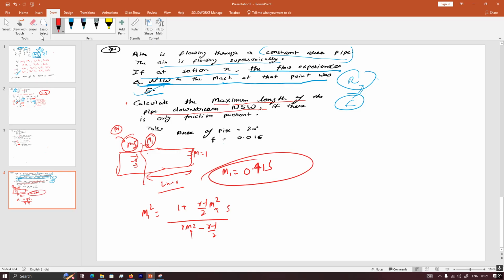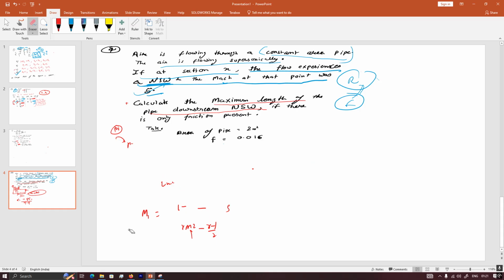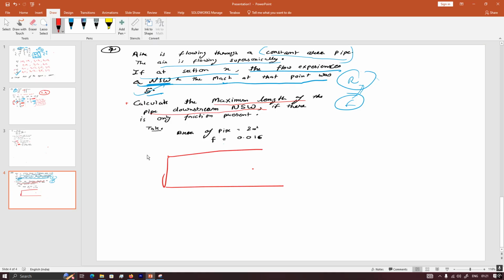Now we can calculate our length because all things are given to us. With 0.415, we can draw the duct we have after the normal shock wave. Flow is entering with M1 0.415.